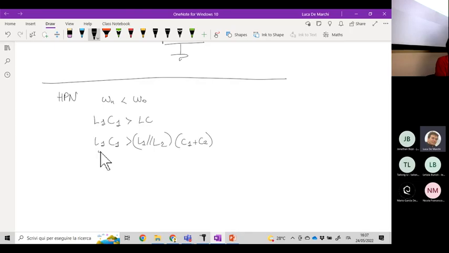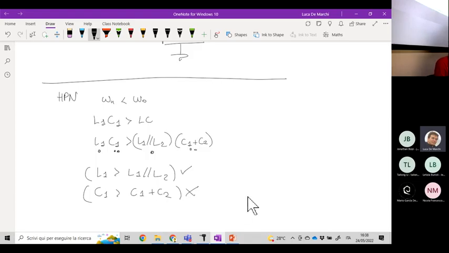If we analyze the two different conditions independently, so if we force L1 to be larger than L1 parallel L2, and C1 to be larger than C1 plus C2, then we clearly are okay with this part, but we are not okay with this one, because C1 cannot be larger than C1 plus C2 in general.